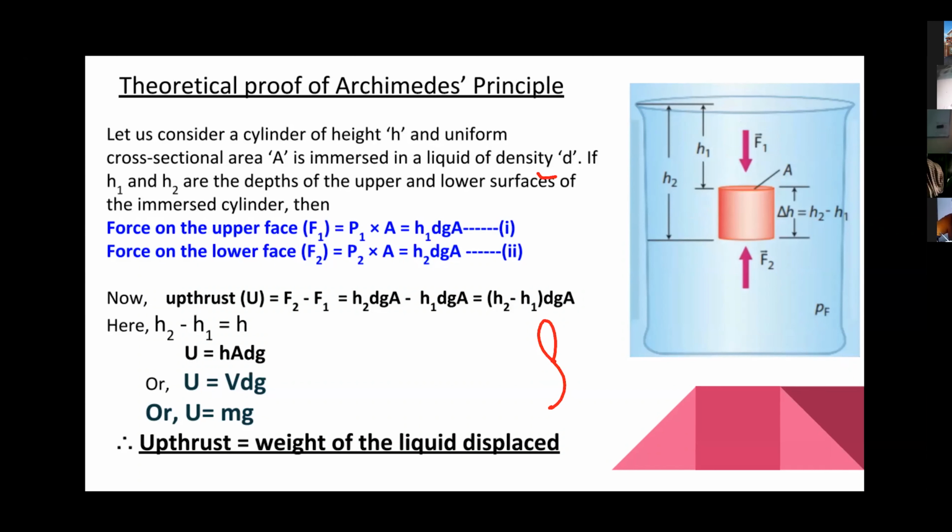Then we have taken a body which is cylindrical in shape. Shape doesn't matter, but for this activity we have taken a cylindrical body of cross-sectional area A, capital A, and height h, small h.